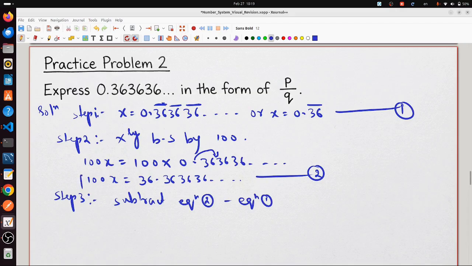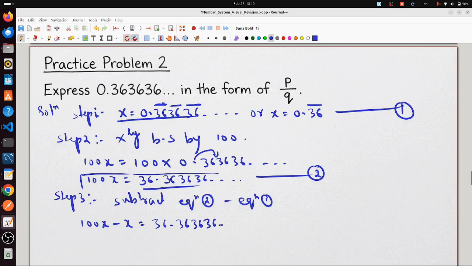Here is equation 2 and here is equation 1. 100x minus, here x is there, equal to 36.363636 dot dot dot minus what we have, 0.3636 dot dot dot. 100x minus x is 99x, right? Equal to this. I will show you here for better clarification.